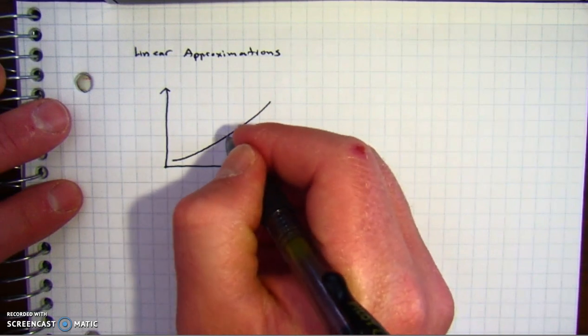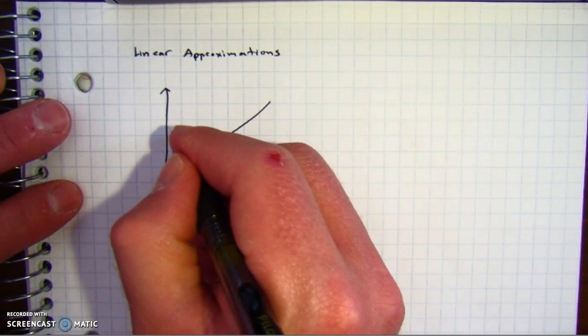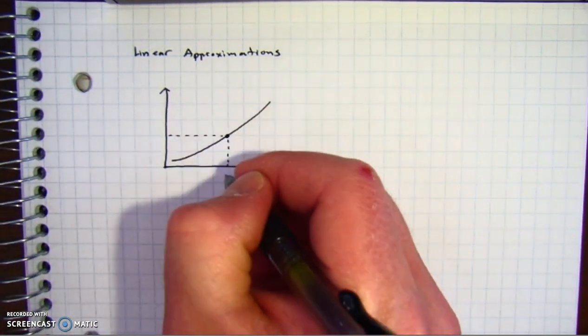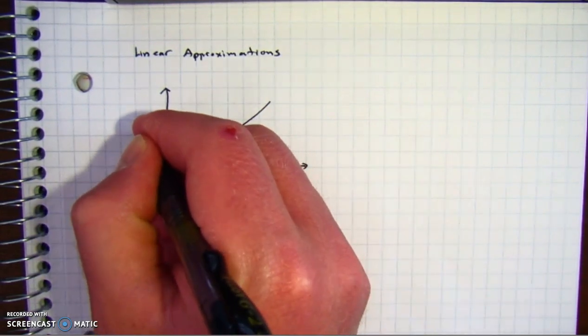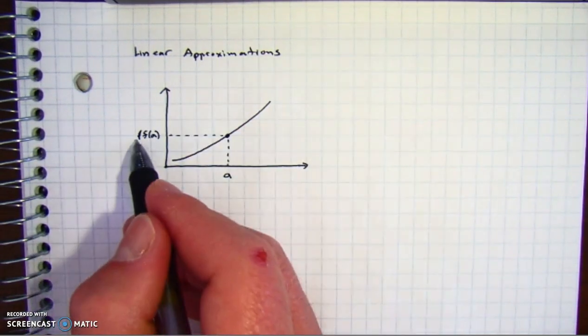And let's say you have some point right here on this curve. We're going to call this A, and F of A.